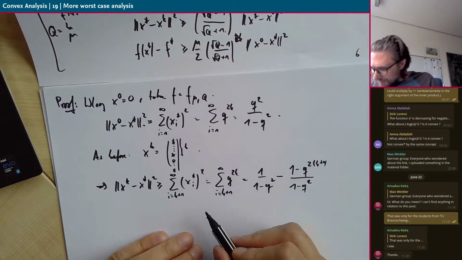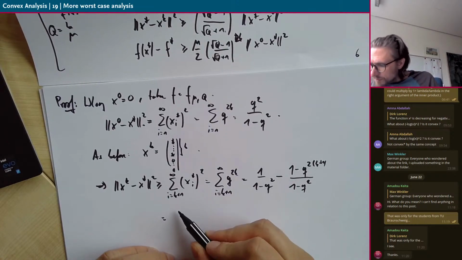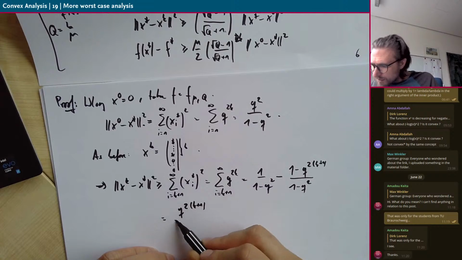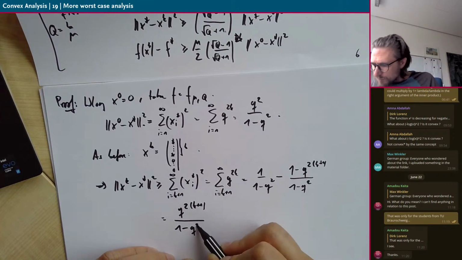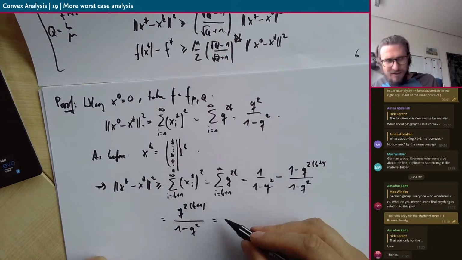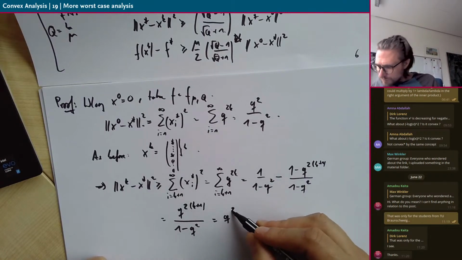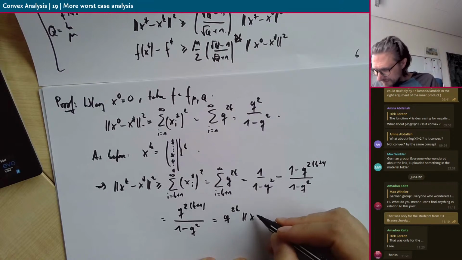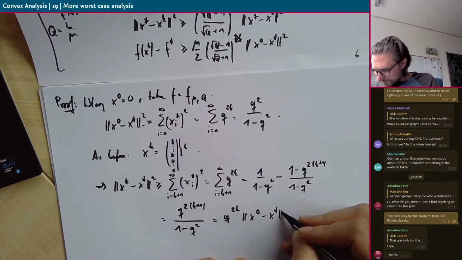Of course, again, this is Q to the 2 times K plus 1 over 1 minus Q squared. But if we compare with this here, that's actually Q to the 2K times the norm of X0 minus X star.